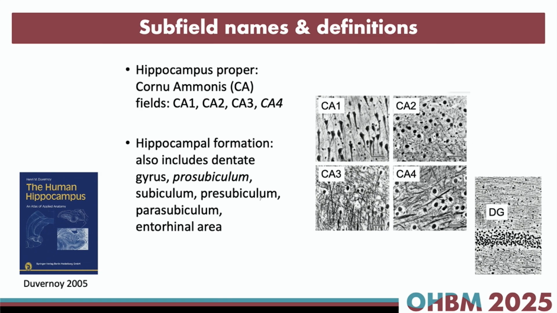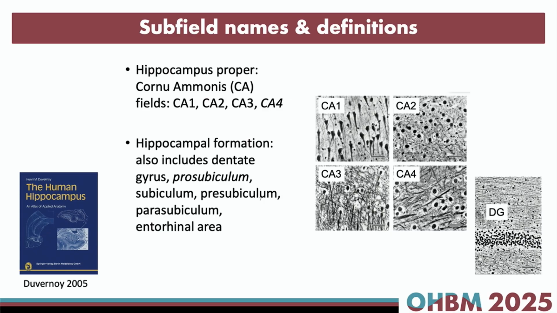Now, one thing I wanted to point out, and Duvernoy also illustrates here, is that the neurons, when you look under a microscope in CA1, CA2, CA3, CA4, and DG, they look different. Why do they look different? Well, sometimes in some regions, the pyramidal cells are larger than others. They're also more densely packed than others. And those are the histological features that the neuroanatomists used when they defined these subregions.